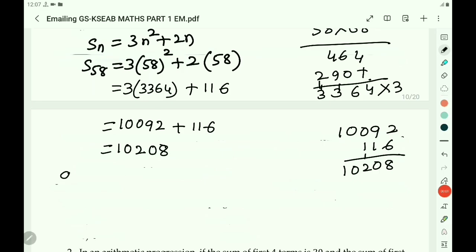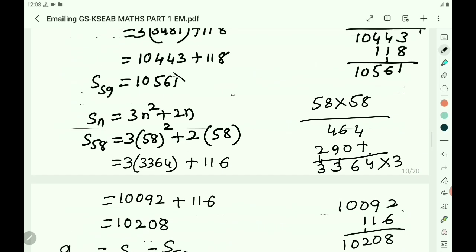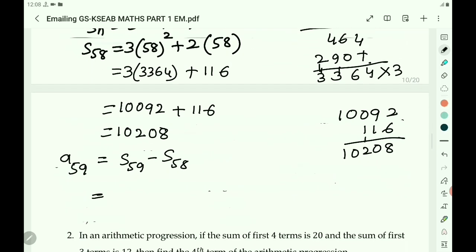Then a59 equals S59 minus S58, that equals S59 is 10,561 minus S58 is 10,208.